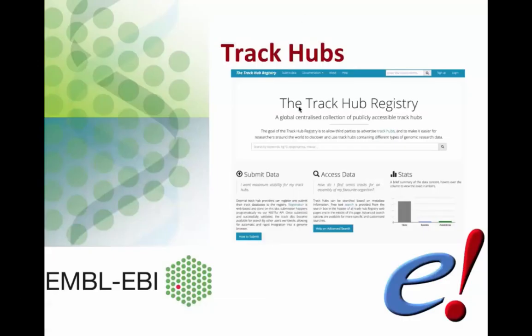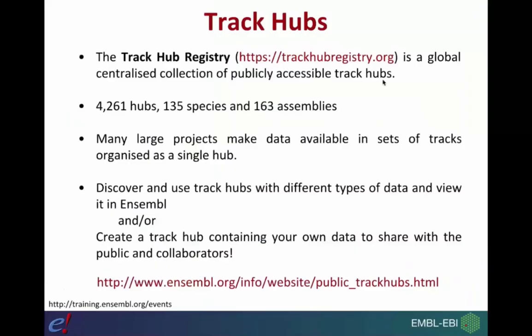Okay, so track hubs are a way for you to visualize detailed data directly from a variety of data sources. There is a collection of publicly available track hubs, which is called the Track Hub Registry, and you can find this under this link.